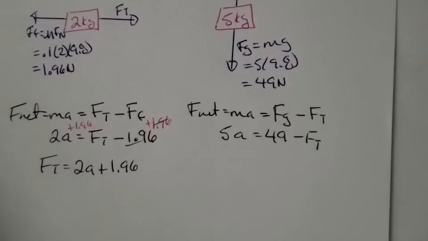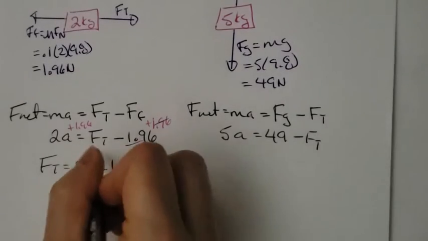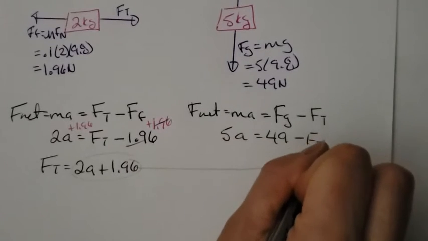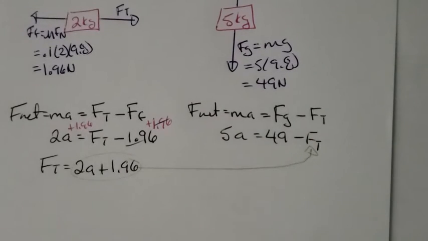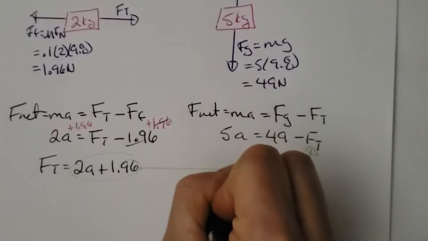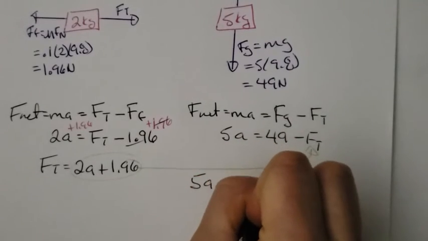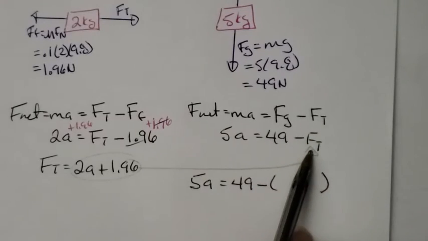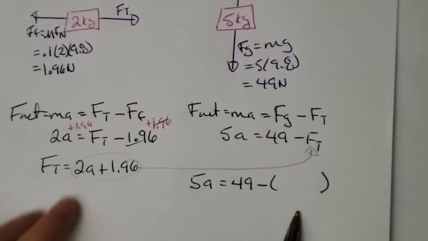Now what I'm going to do is wherever I see an Ft, this is my Ft in the other formula, I'm going to plug that in. That's why we call this substitution. I'm substituting this in for Ft. So let's write it out. I'm going to continue to solve over here. So I have 5a is equal to 49 minus, and I usually just put it in brackets so I don't mess up my signs at all.